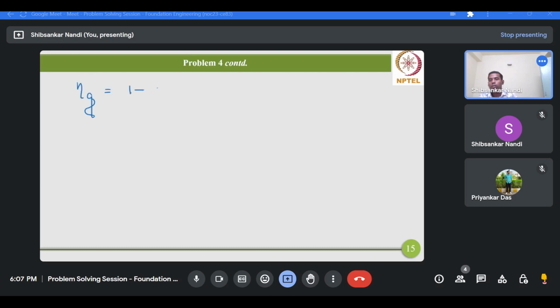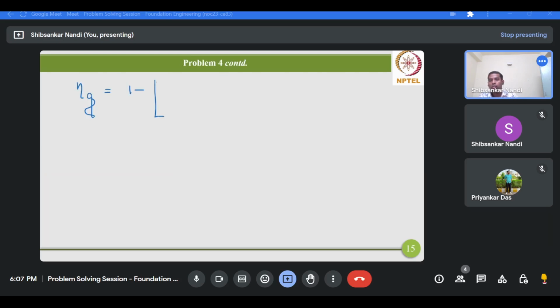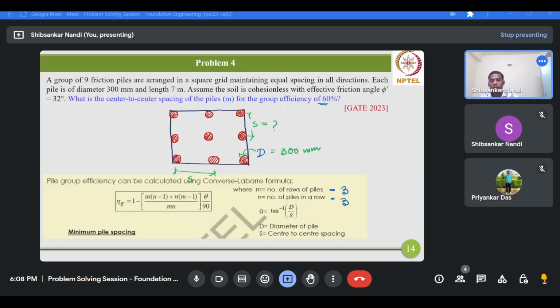Okay, so this eta g is 1 minus theta by 90 times (m minus 1)n plus (n minus 1)m, divided by m times n.